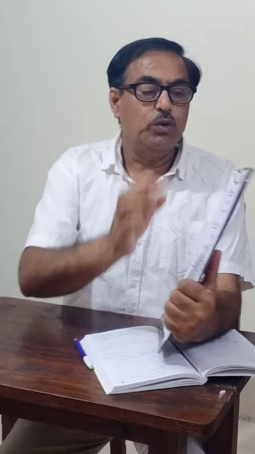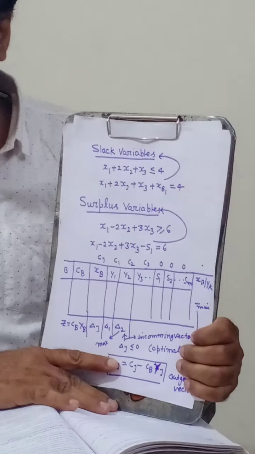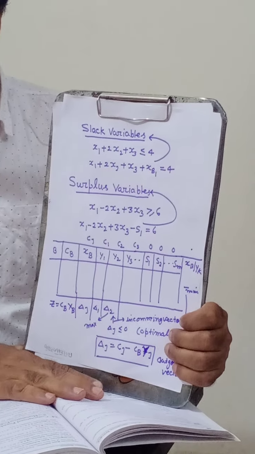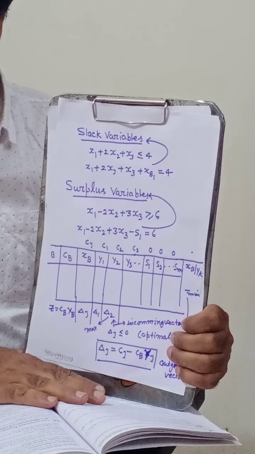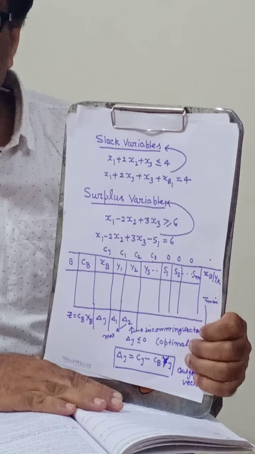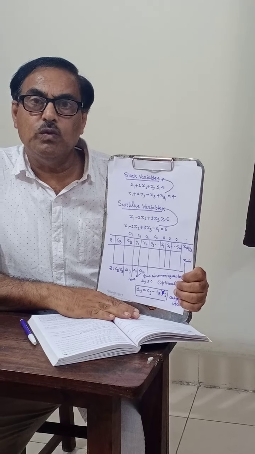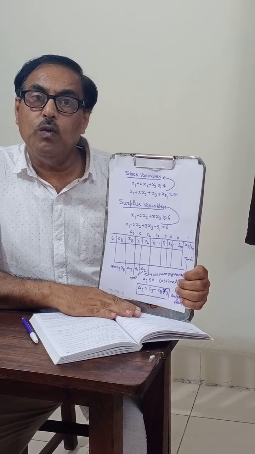In this method, we use some basic definitions. First of all, you have to know about the slack variables. In the constraints of a linear programming problem, there are inequalities, whether they are less than or equal to, greater than or equal to, or equal to.